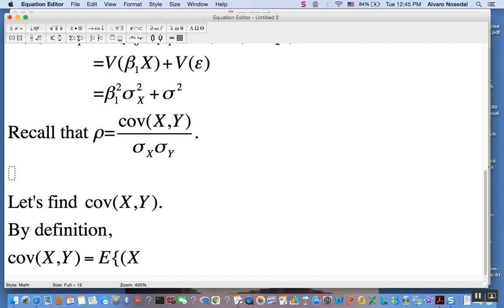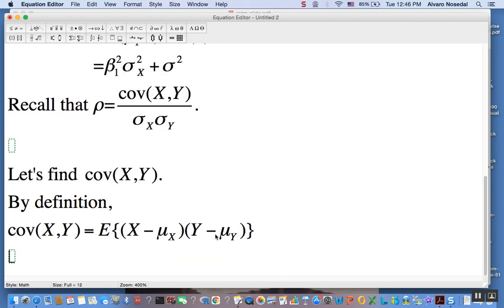It would be the random variable x minus its mean, mu sub x, times y minus mu sub y. The expected value of that cross product is by definition the covariance between these two random variables x and y.